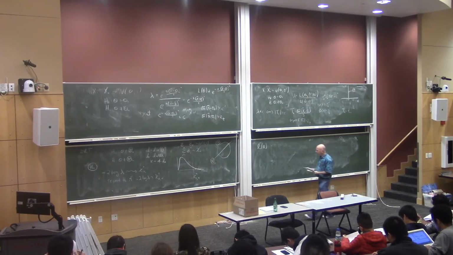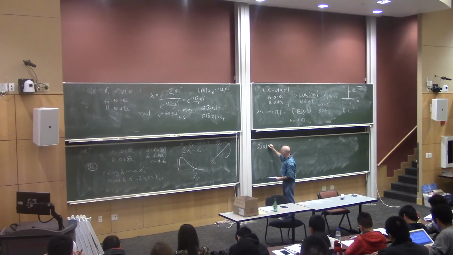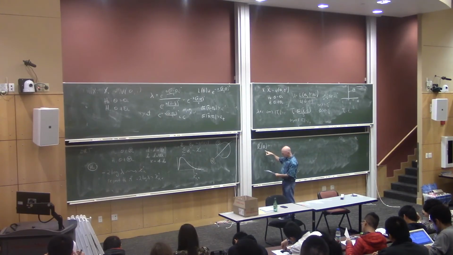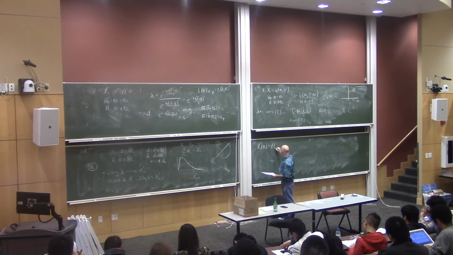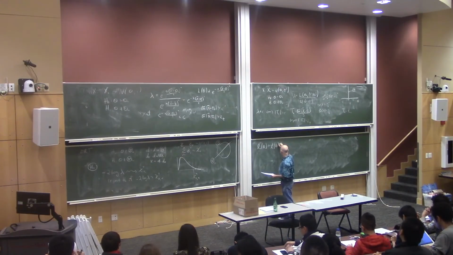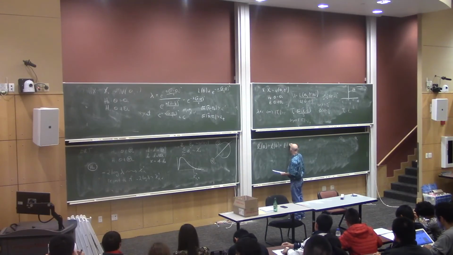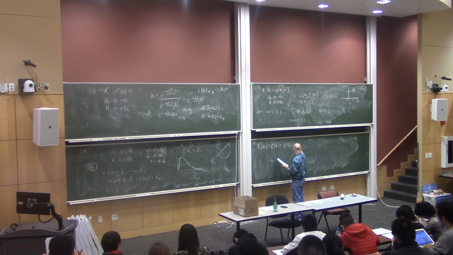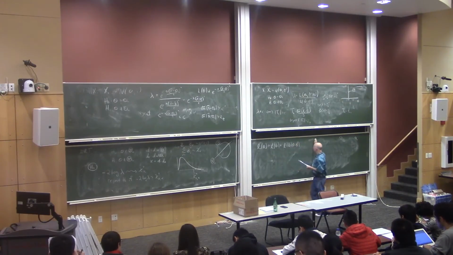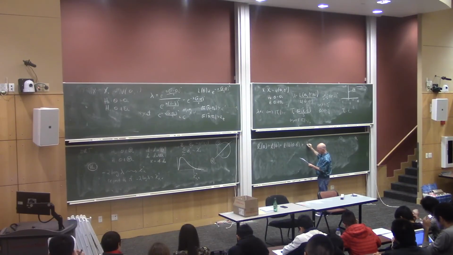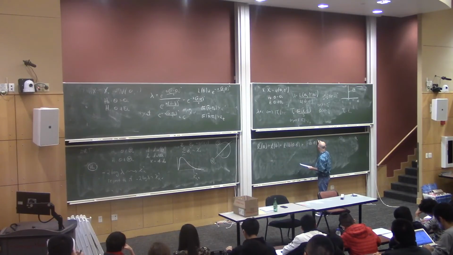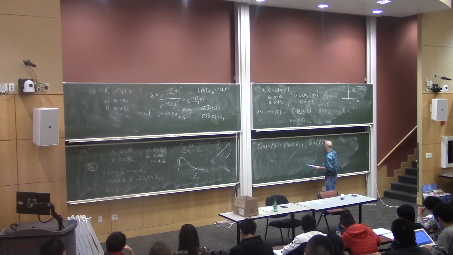What I'm going to do now, first of all, is approximate this with the Taylor series around the MLE. So that's going to be L of theta hat plus L prime theta hat times theta minus theta hat plus 1/2 L double prime theta hat times theta minus theta hat squared.